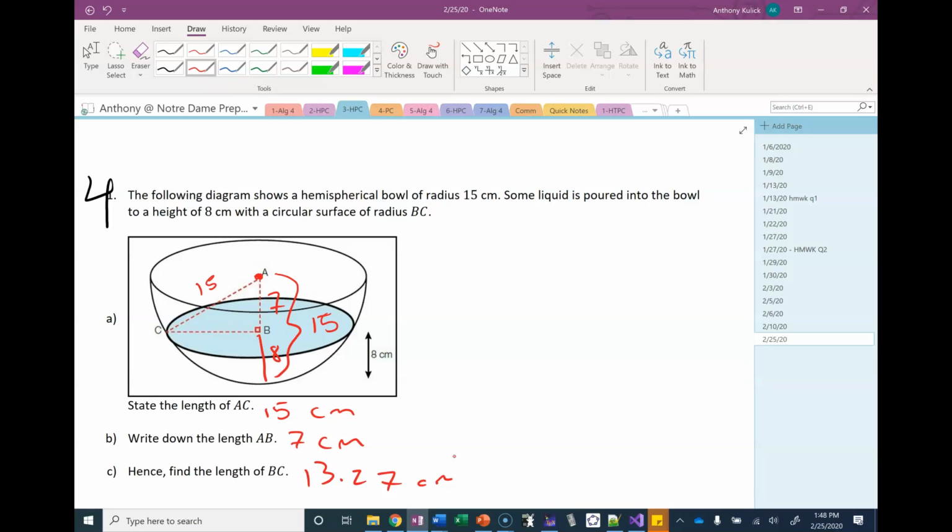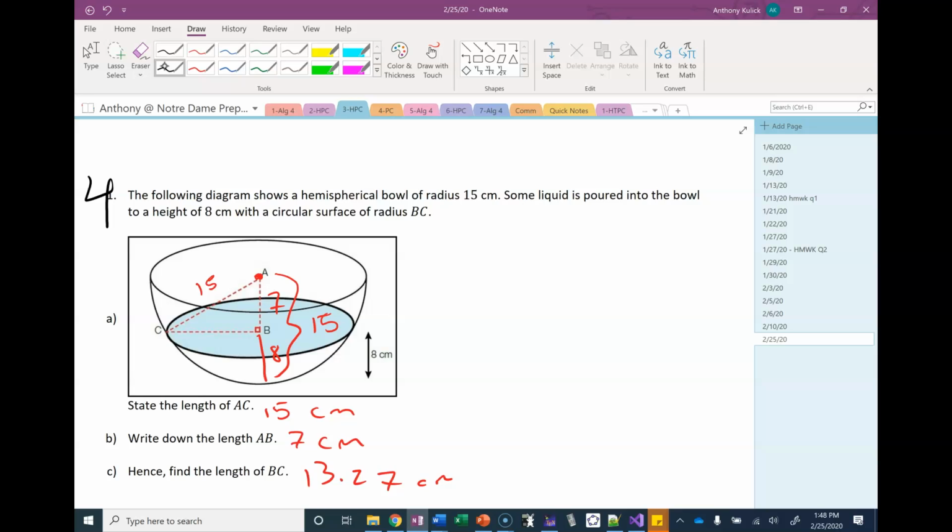Is that okay there? So the trick there was identifying all those radii inside of that hemisphere. And if you noticed what was a radii and what wasn't, it was pretty easy. If you missed that those two things were radii, you would have stared at that for a long time going, I don't think there's enough information, probably, right?